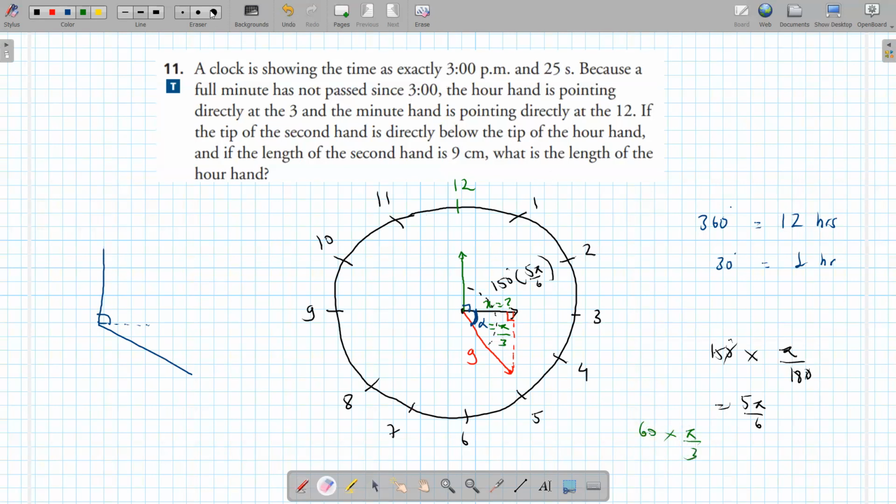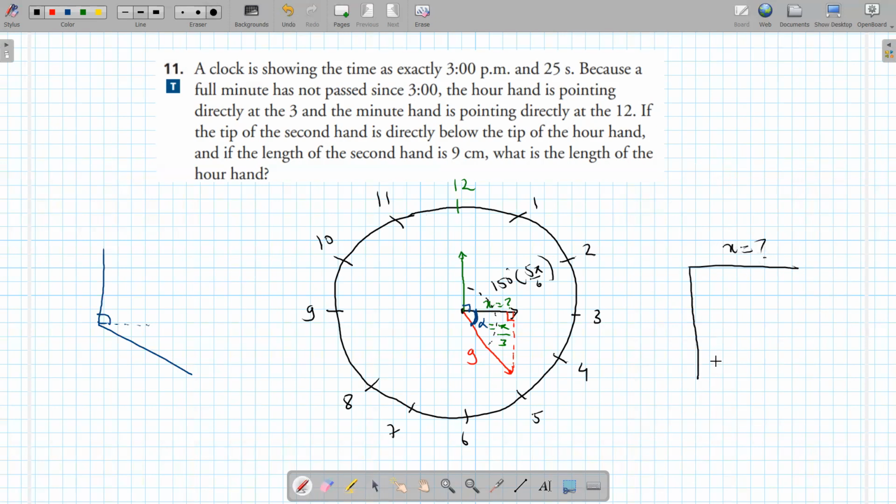So now we have everything. If you just pull that triangle out, you're trying to find this length. The right angle is on the other side, you know this is 9, and you know this angle is 60, so pi over 3. So sine, cosine, or tan to find that x?